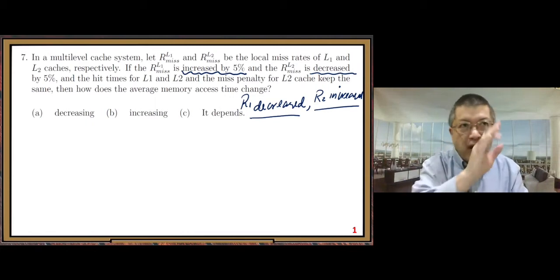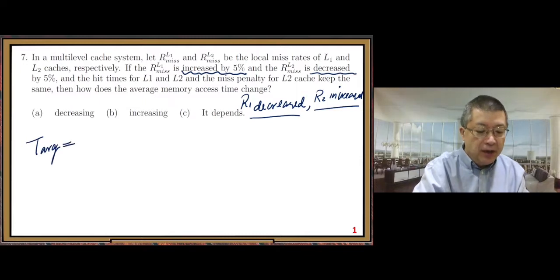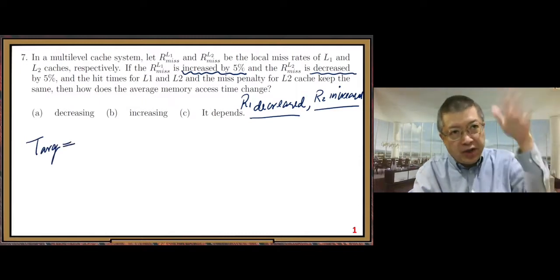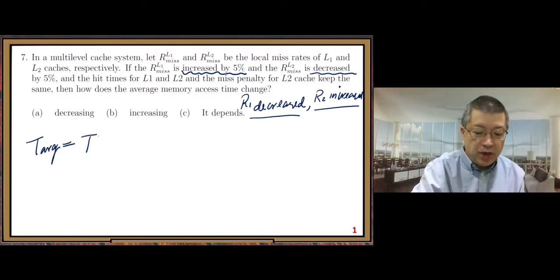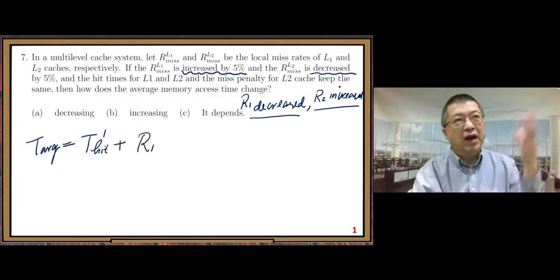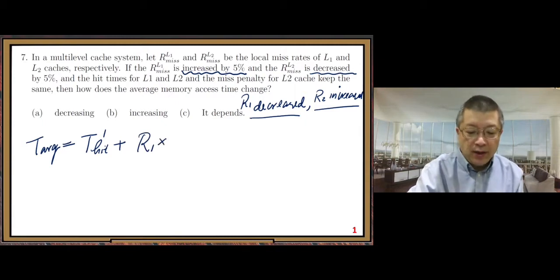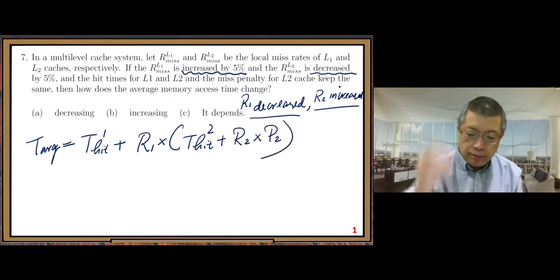So here, let me just use the main formula to do the analysis. The average memory access time for two-level caches, the general formula: T1 hit time plus R1 miss, here I just write it in a simple way, times hit time 2 plus R2 multiplied by the penalty 2.